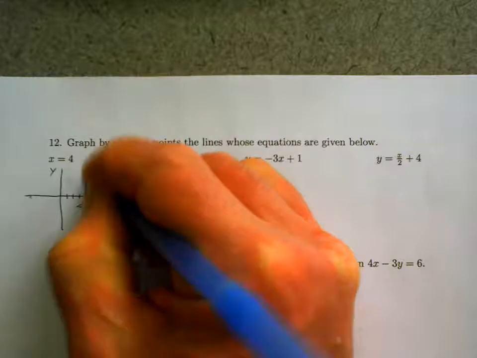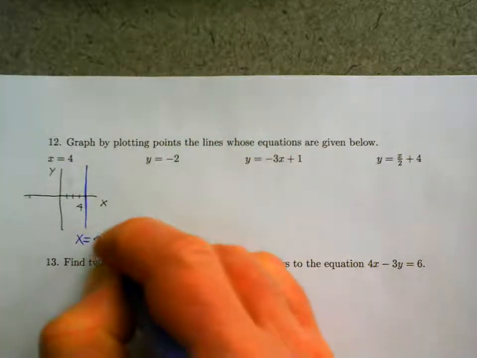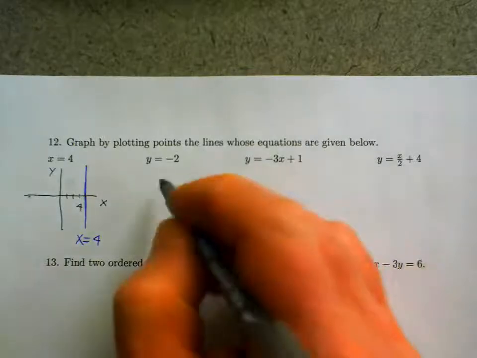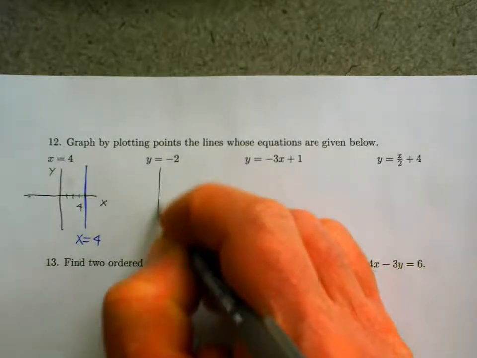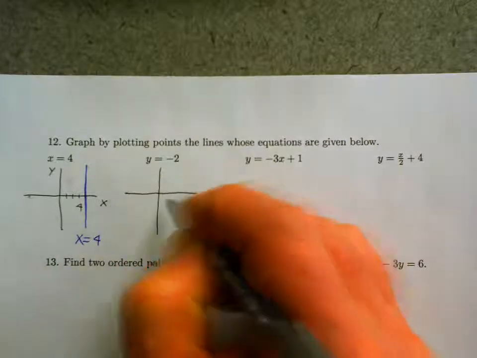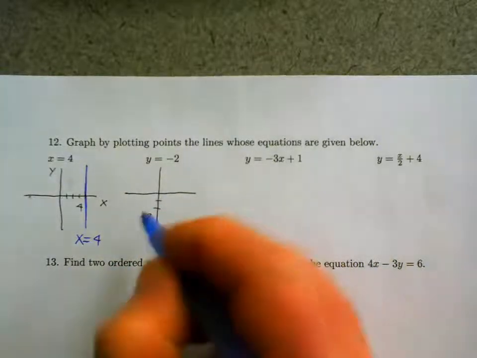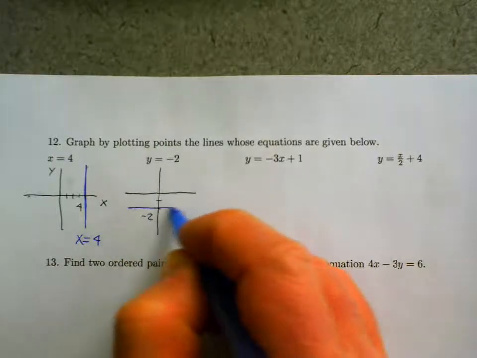So that is x equals 4. The next one, y equals -2, that's a horizontal line. So y equals -2 is this horizontal line.